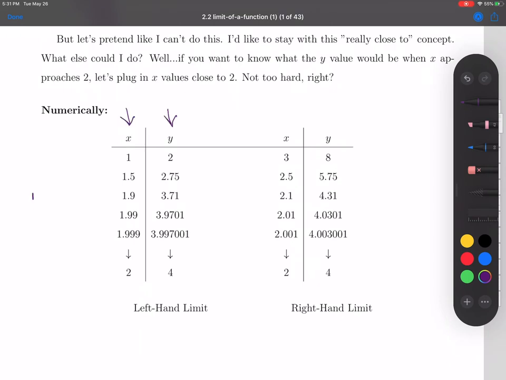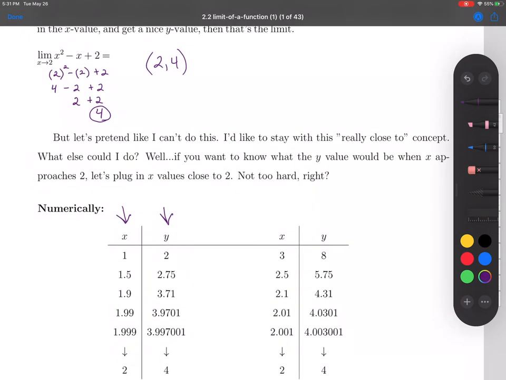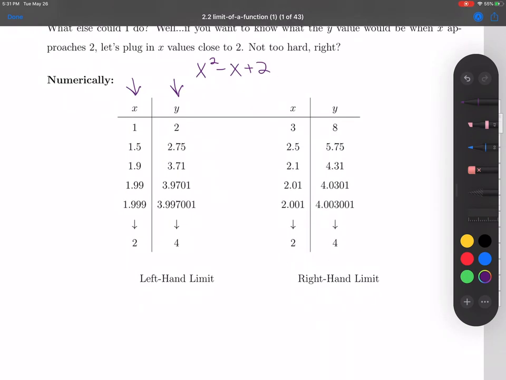Here I have my x, my inputs, I have my outputs. So again, I'm choosing x values. They're getting very close to 2, and I'm plugging them into my equation. What was my equation? Well, let me go ahead and write it down for us. It was x squared minus x plus 2, right? So if I plug in 1, I'm going to get 2.